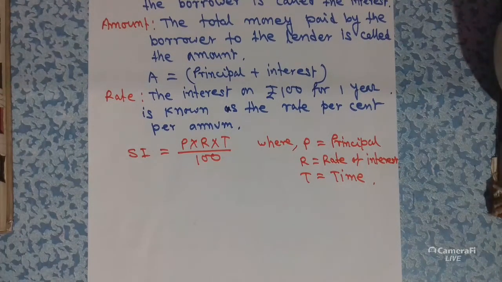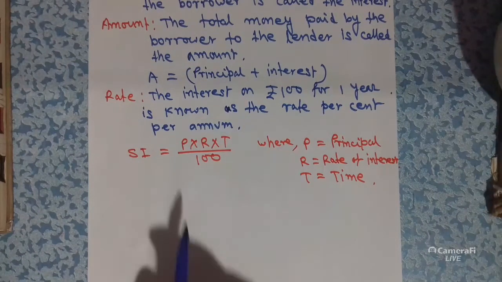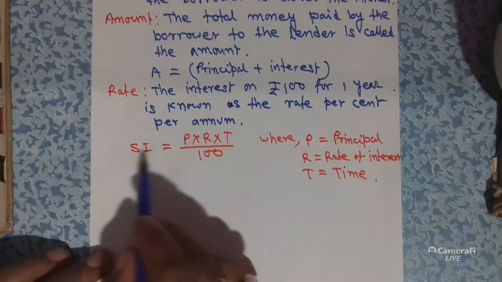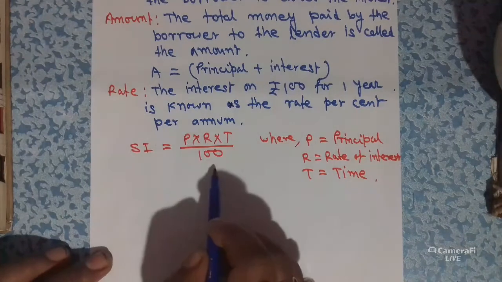Sometimes, students, you have to find the principal when the sum of money is unknown. Sometimes you have to find the rate of interest when simple interest, time and principal are given. Sometimes you have to find time when time is unknown. Suppose simple interest is equal to PRT by 100.